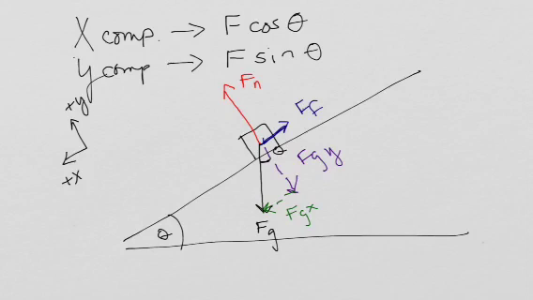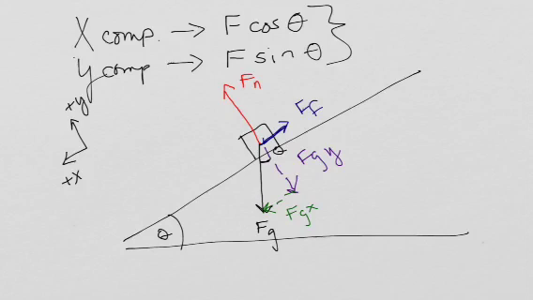We remember that the formulas for finding the x and y component of vectors are up at the top of the screen. To find FGX and FGY in an inclined plane problem, we use regular trigonometry. And you're going to see that it actually changes the x formula and the y formula.